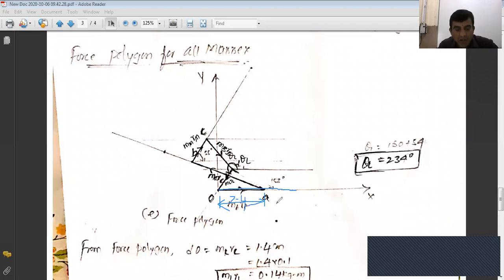Converted into scale, you get 4 centimeter. What is the orientation? Theta C is 158. From point A, measure 158 degree using the protractor and draw a 158 degree line. Along that line, measure 4 centimeter, and you get point B.